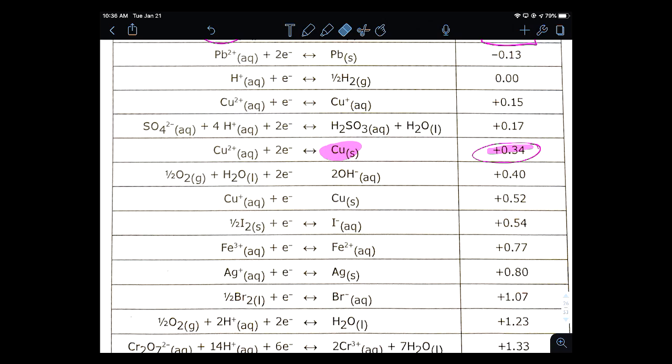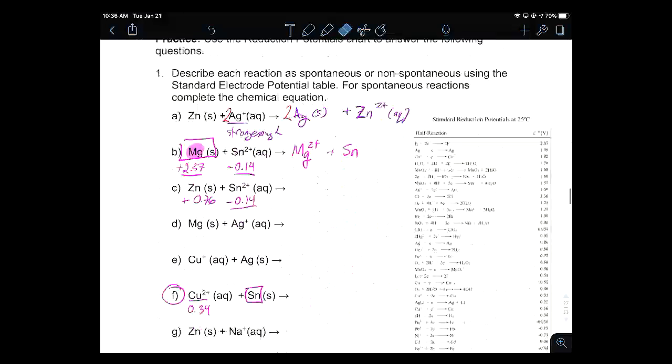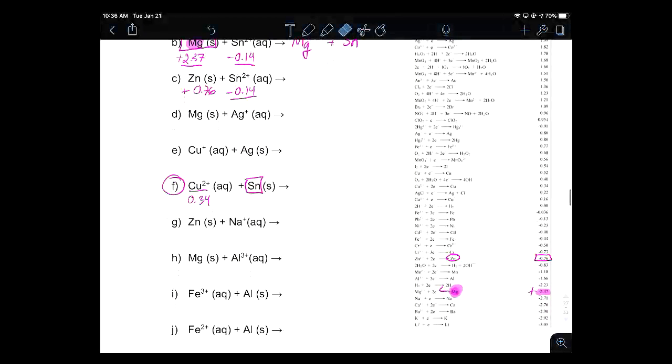So this magnesium metal will be undergoing oxidation, which means that the potential will be the reverse. So that's why it'll be positive.